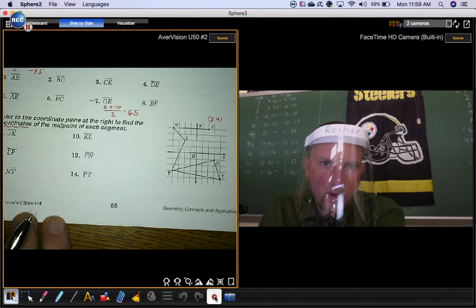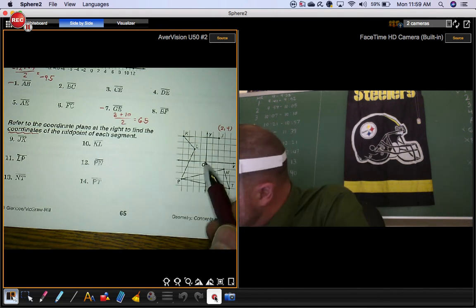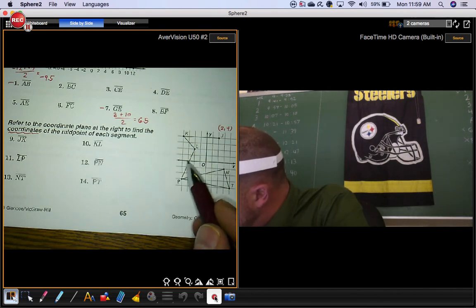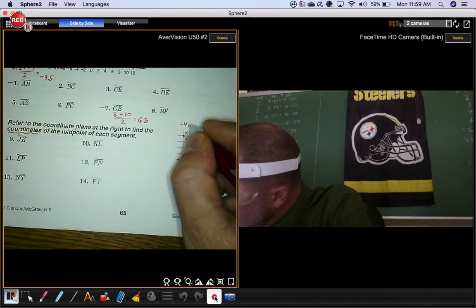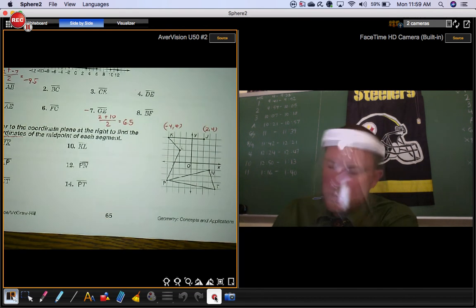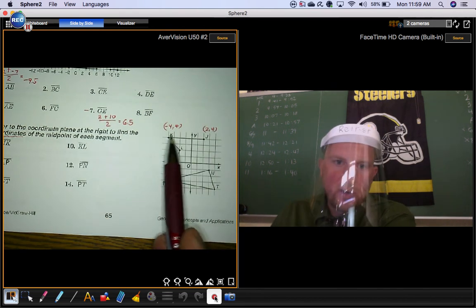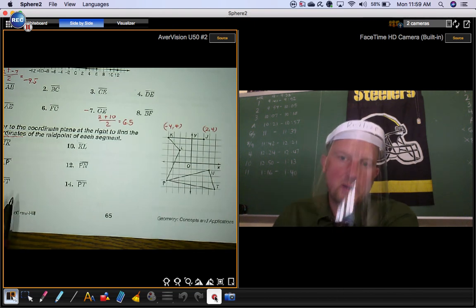Knowing those coordinates is important. K lives at 1, 2, 3, 4 to the left, and 4 up. So you need to identify where these ordered pairs live first. If you do that incorrectly, it's going to be really hard to get the midpoint correct.